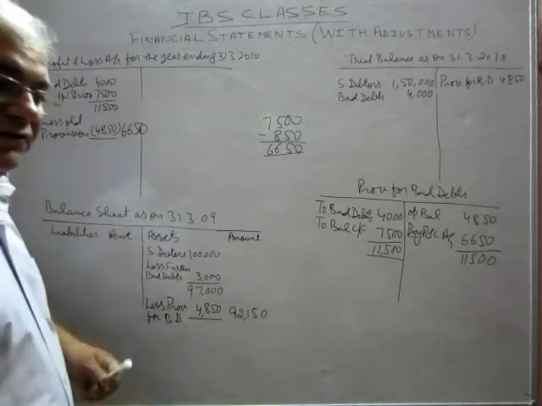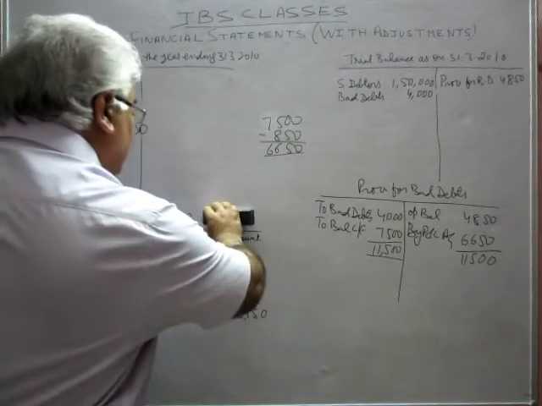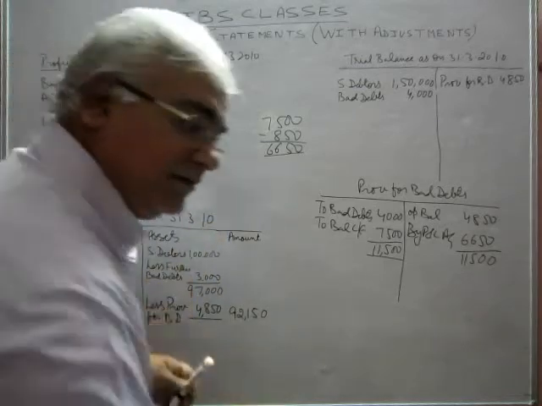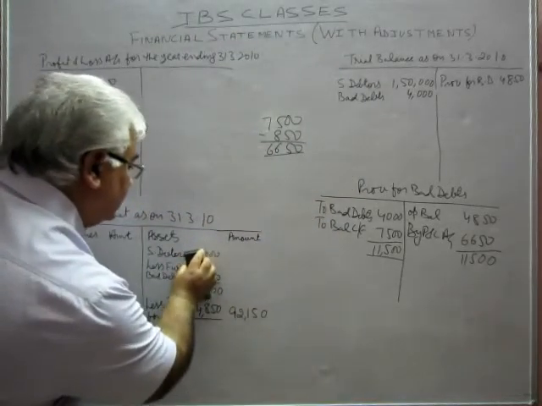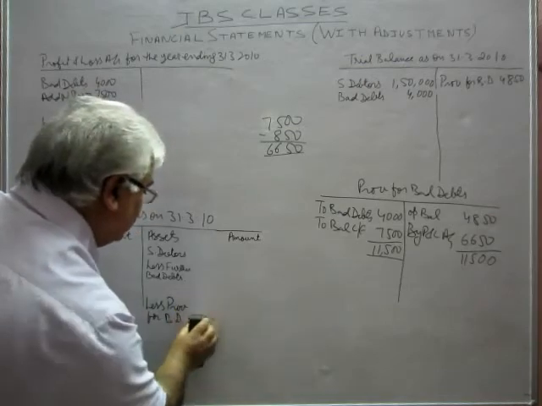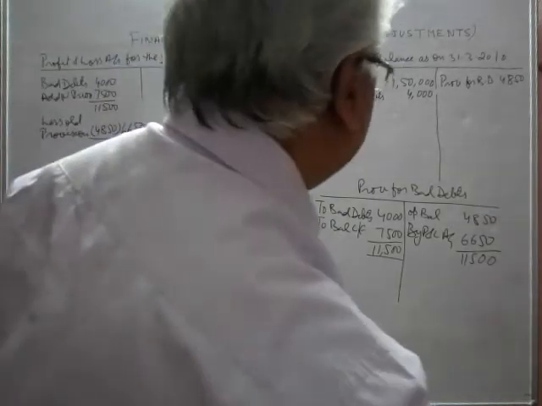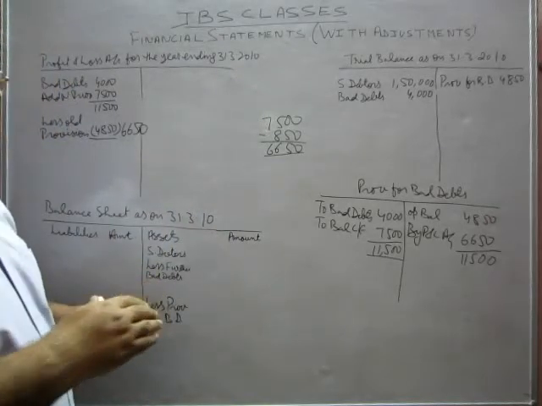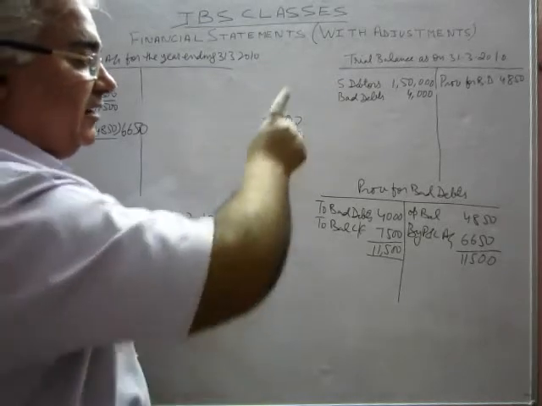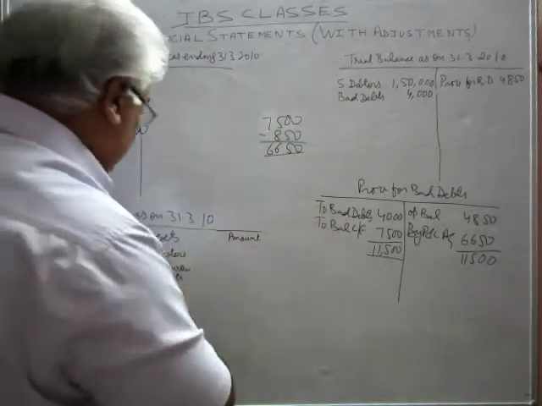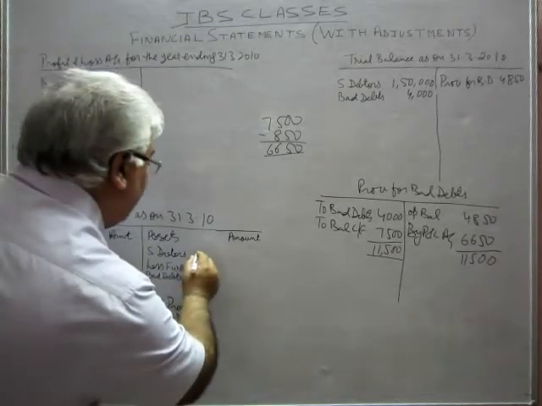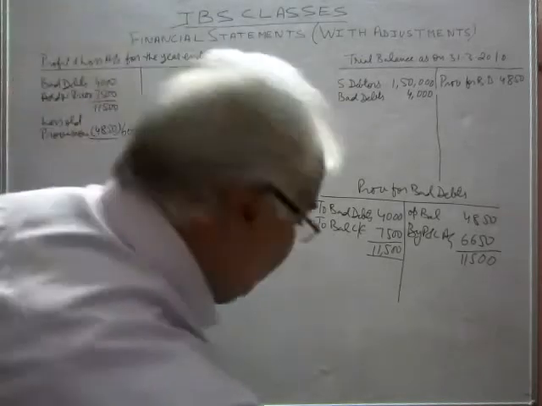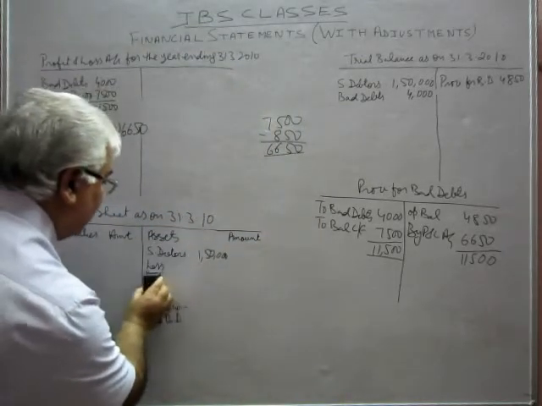Now in the balance sheet of 2010, how will we show this? This year our debtors are 1,50,000 and thereafter deduction of 4,000 as bad debts, and they have been written off here. So here sundry debtors will be 1,50,000 less provision for bad debts.